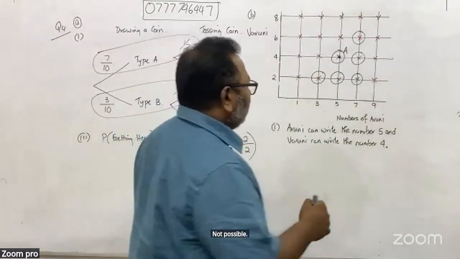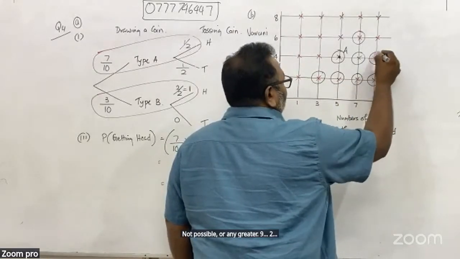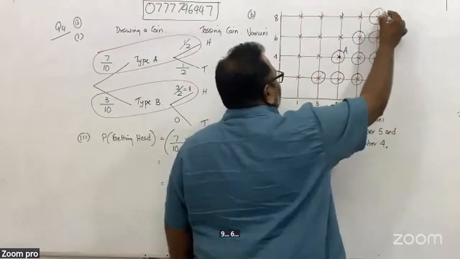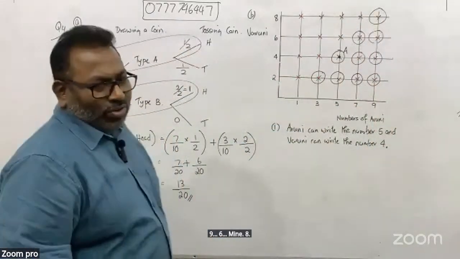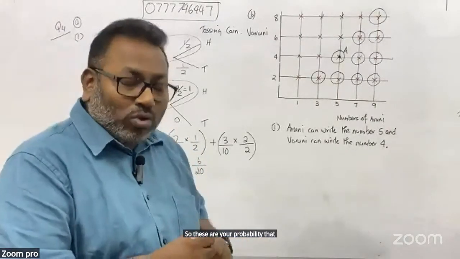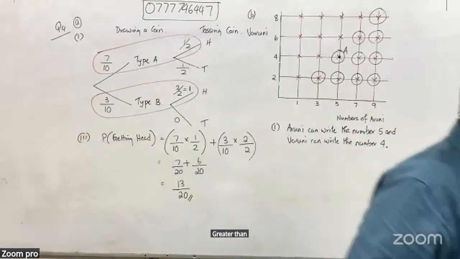Varuni greater. 9, 2, 9, 4, 9, 6, 9, 8. So these are the cases where Aruni is going to write greater than Varuni. Okay.